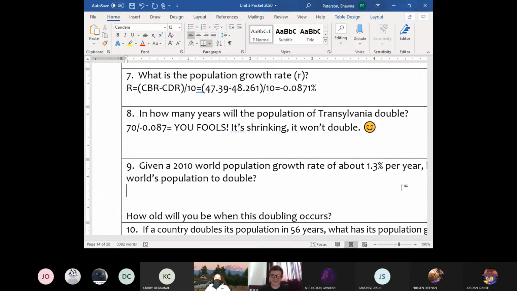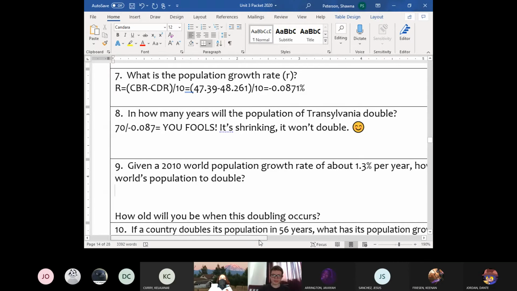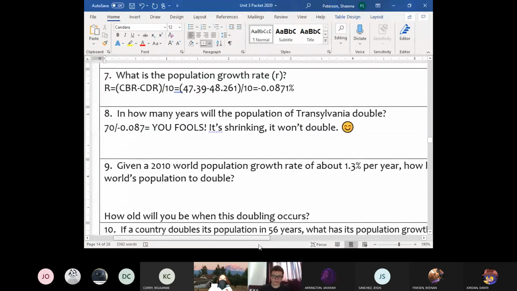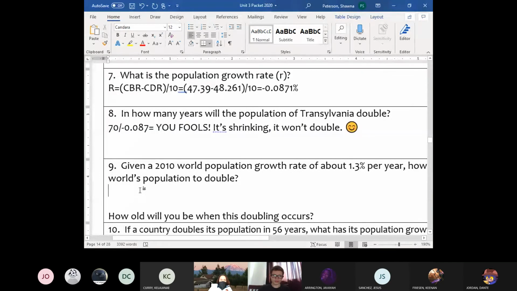All right. Given a 2010 world population growth rate of about 1.3% per year, I guess I should have zoomed out more. How long would it take the world's population to double? This is just rule of 70 again.